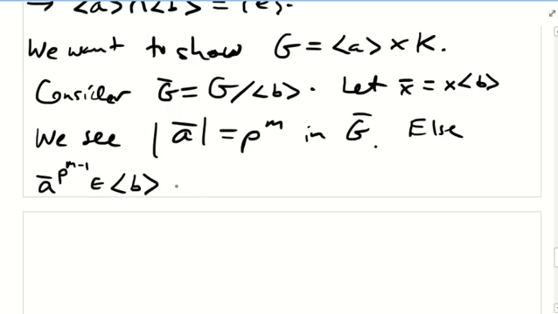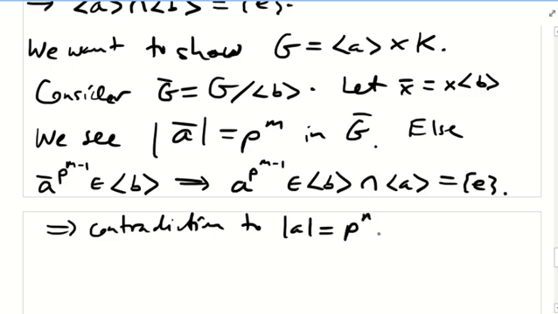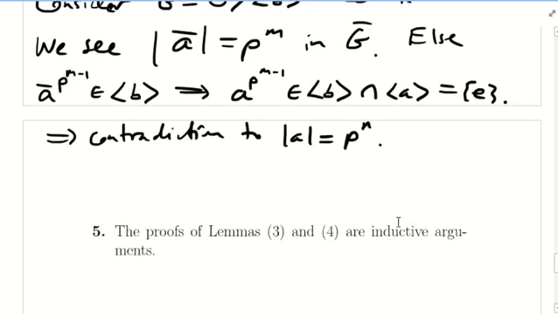We know then that means A to the P to the M minus 1 would have to be in the subgroup generated by B. We know it's also in the subgroup generated by A, but that's the identity, okay? And that is a contradiction to the fact that the order of A is P to the M.